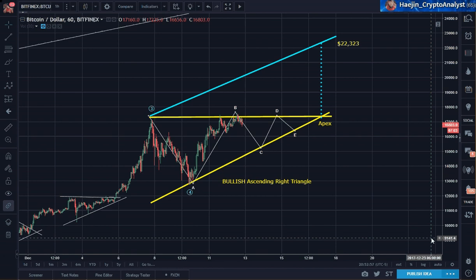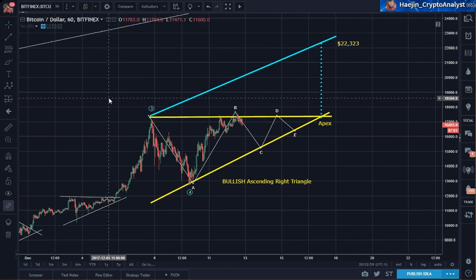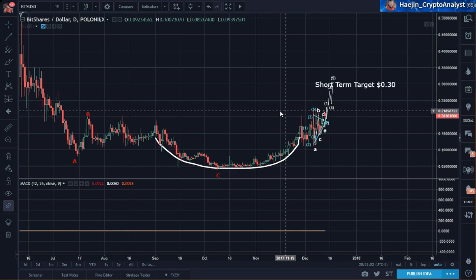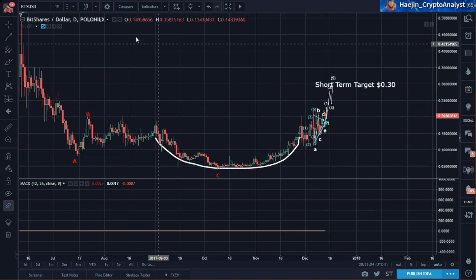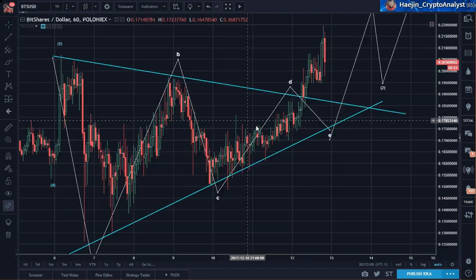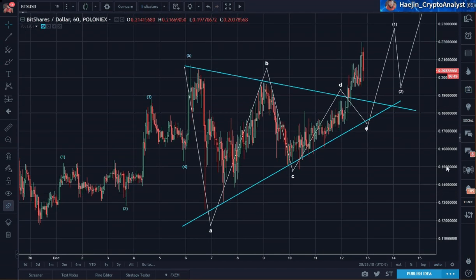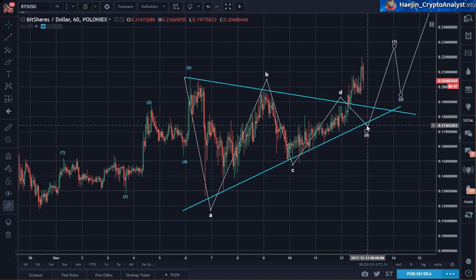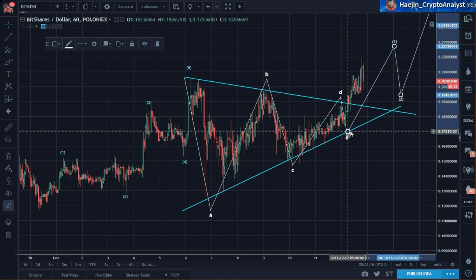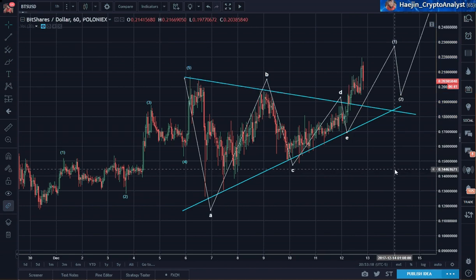So BitShares also is rising. Look at this triangle. Beautiful. I can move the E here. Move this back here. Look at this. Beautiful.